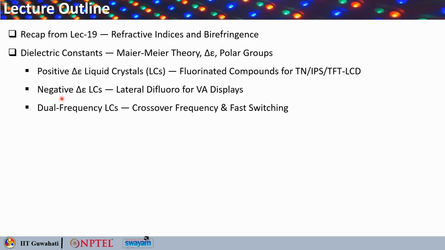We will also talk about the negative delta epsilon liquid crystals, like the lateral difluoro for the vertical alignment displays, and then we will focus on the dual frequency liquid crystals, the crossover frequency and fast switching.